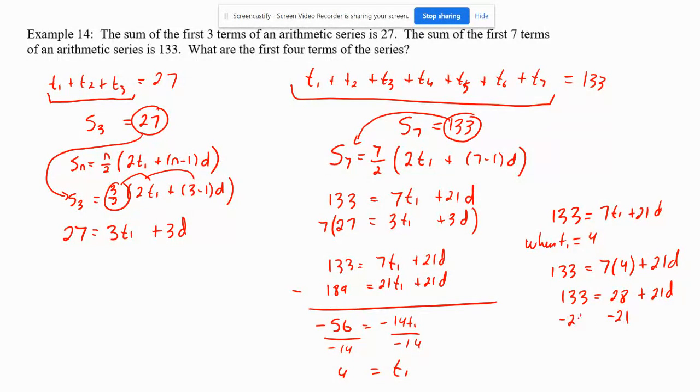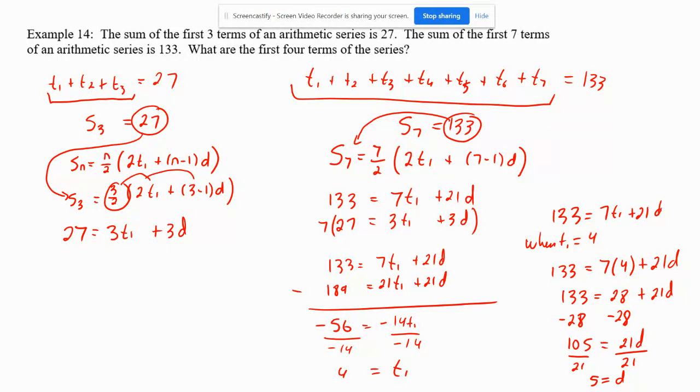I'm going to solve this equation here. Minus 28 on both sides: 105 equals 21d. Divide by 21, and we get 5 equals d. Okay. All right, so we figured out what our t1 was, and we figured out what our d was.